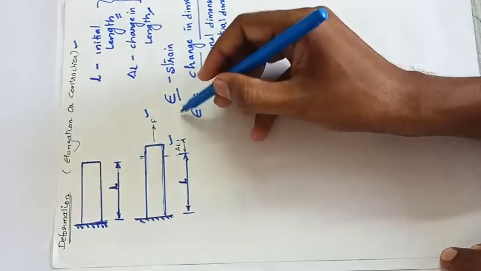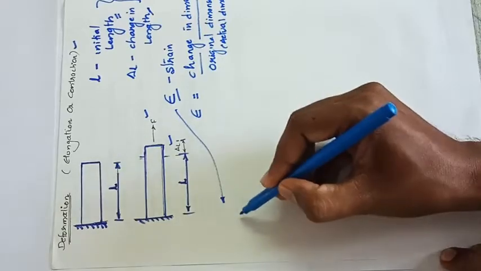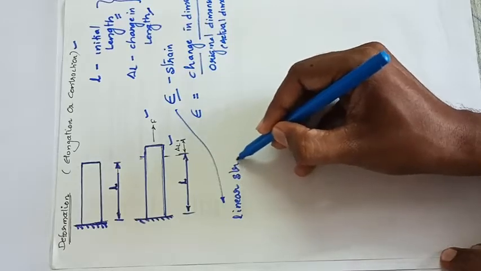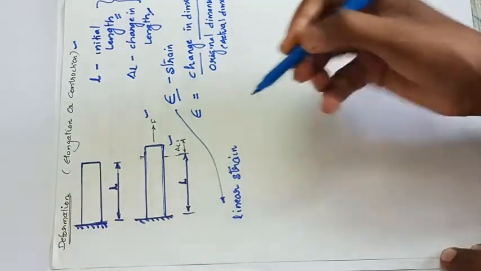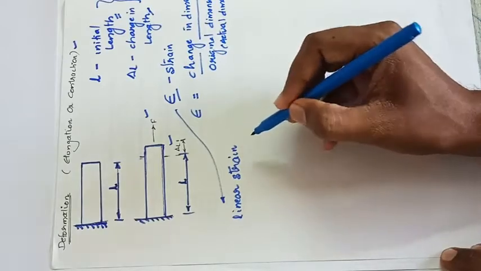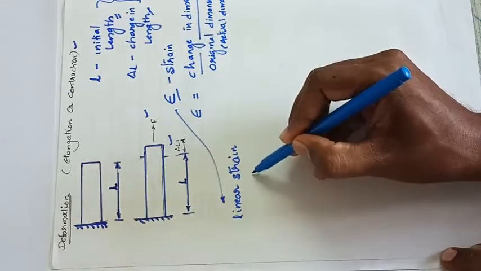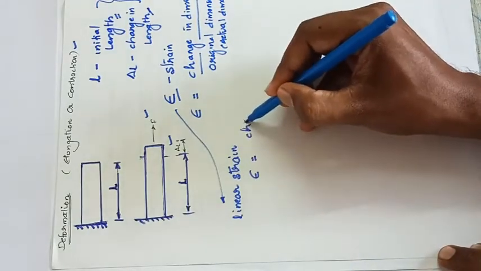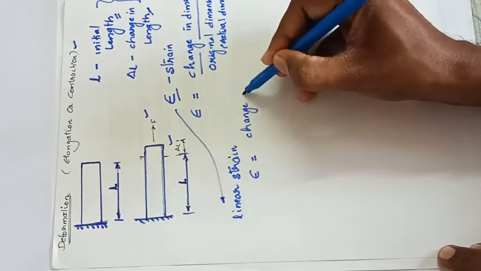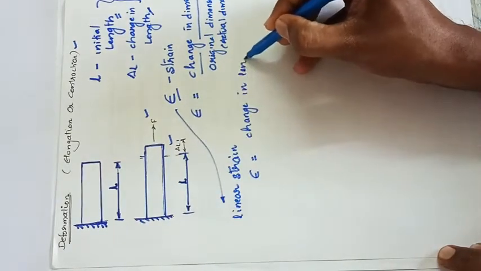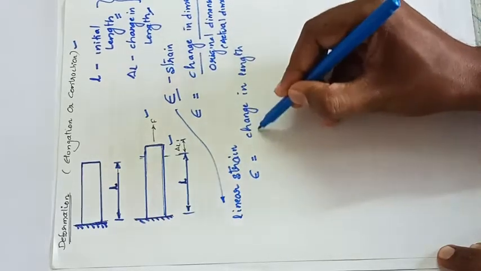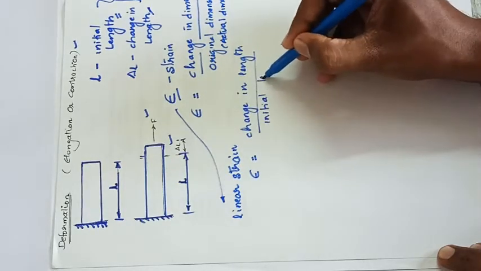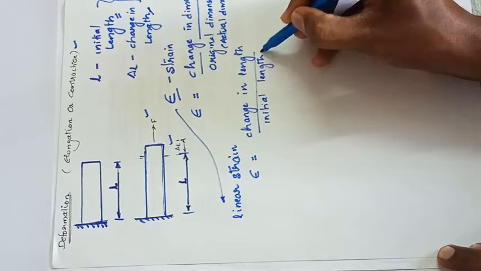This strain also has the name linear strain. This linear strain is defined as the change in length to the initial length, or actual length.